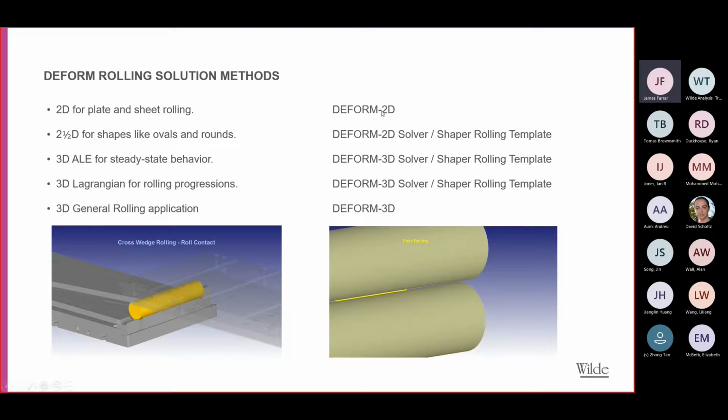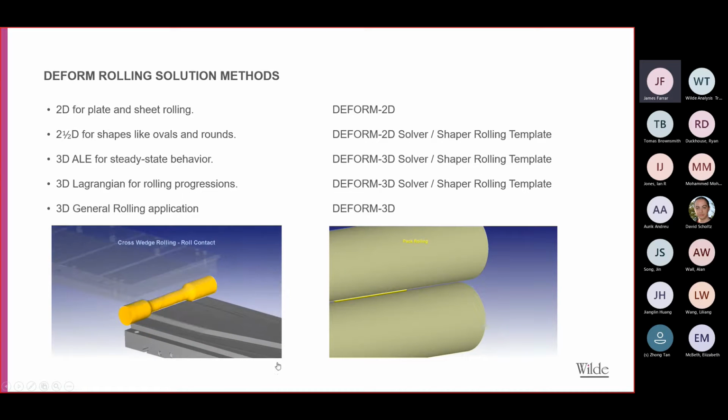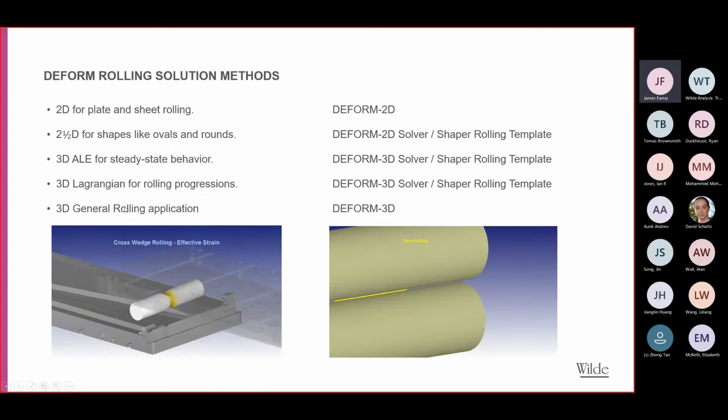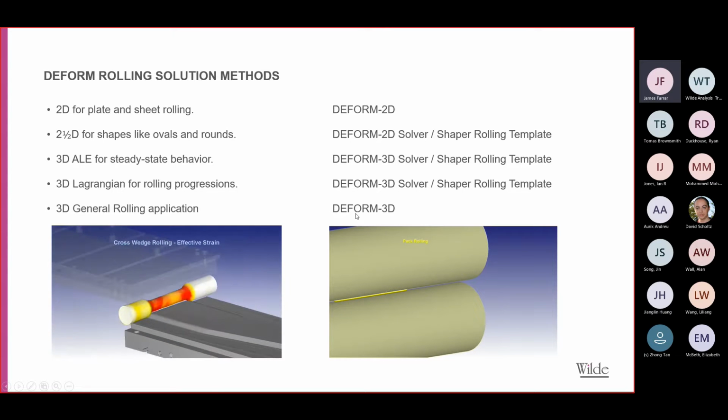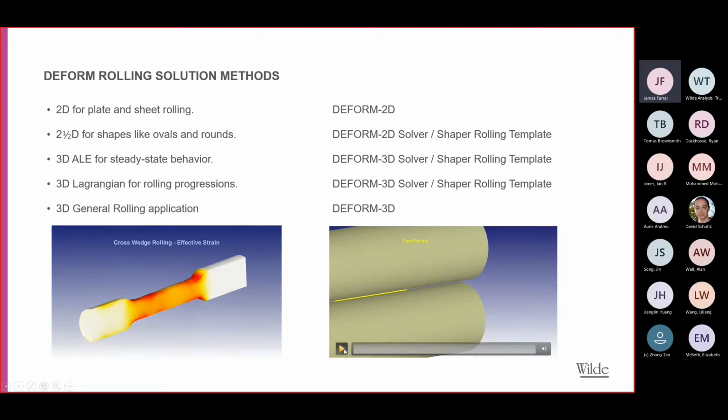But for general rolling applications, such as the cross wedge rolling example here at the bottom, where I've just got normal tools, you can run these in general DEFORM 3D using effectively the forming template as well. With those more general applications in DEFORM 3D, we can do rolling with multiple deforming bodies as well. In this case, we have a pack rolling, so a multi-material setup, using an interstitial material around a canning process around the end to thermally protect the inner part which we're rolling.